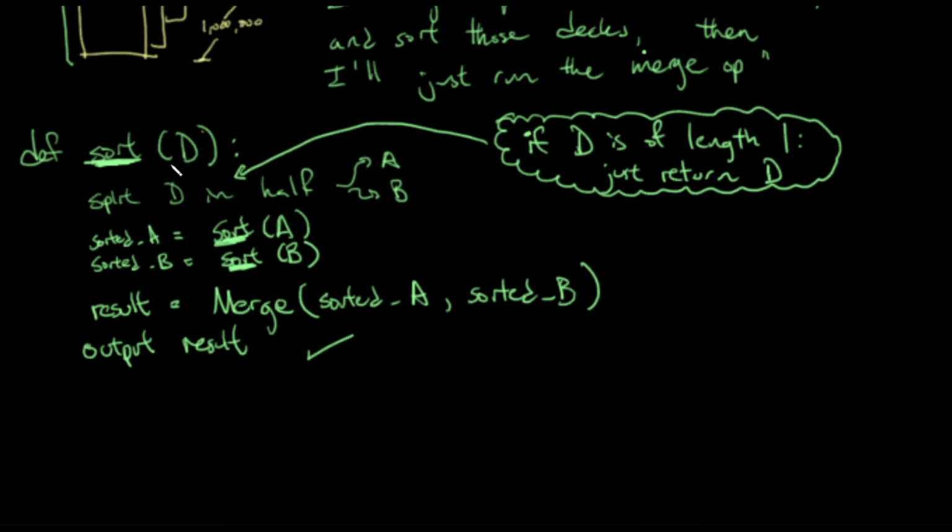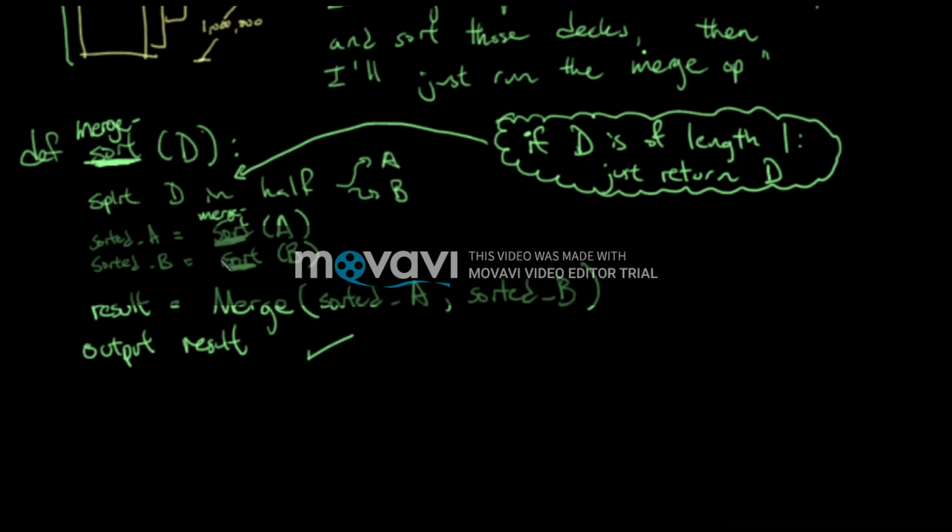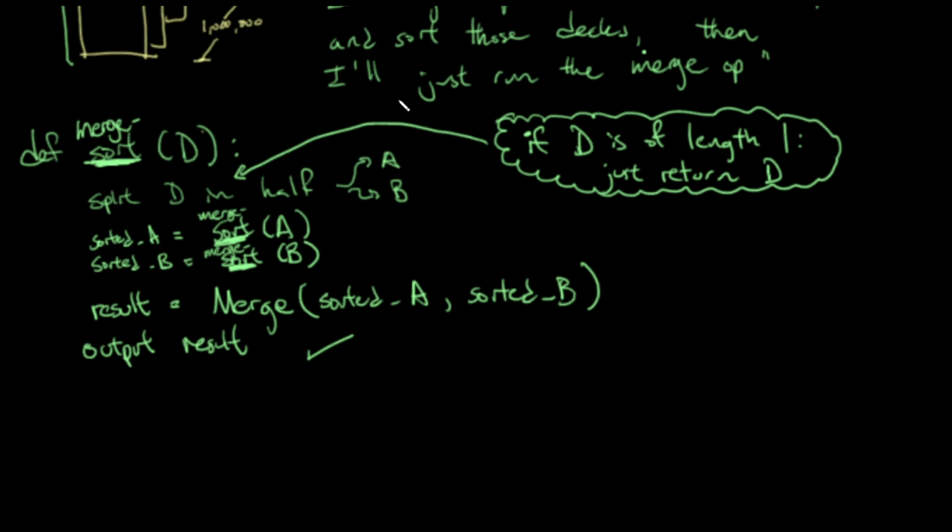What we've defined here is actually merge sort. This is what merge sort is. And there you have it. This is a recursive way of sorting an originally unsorted array of numbers.